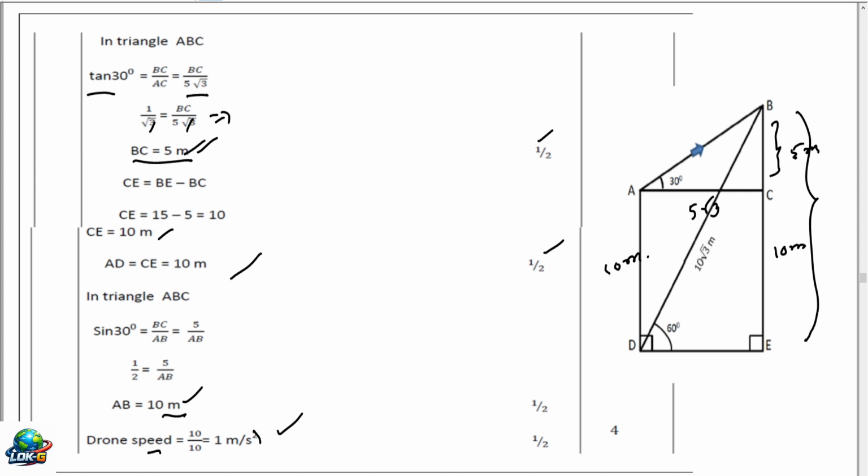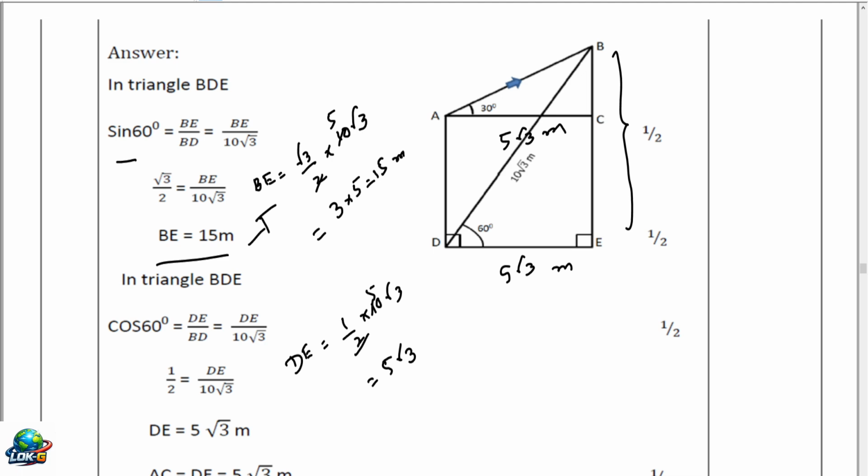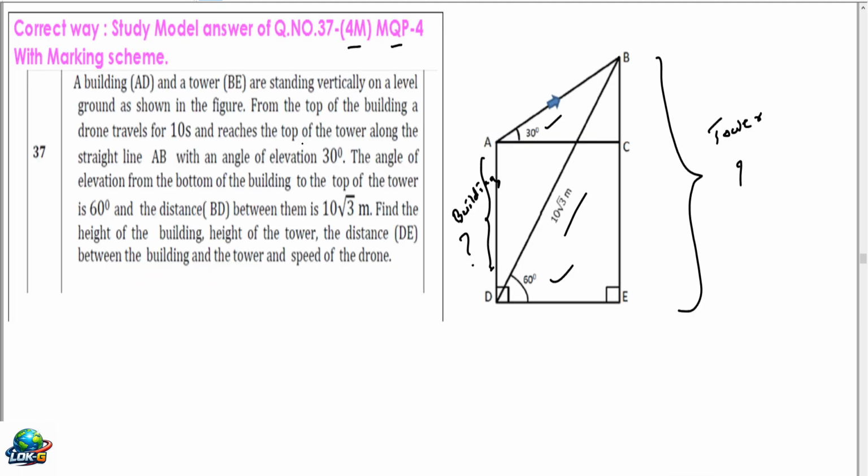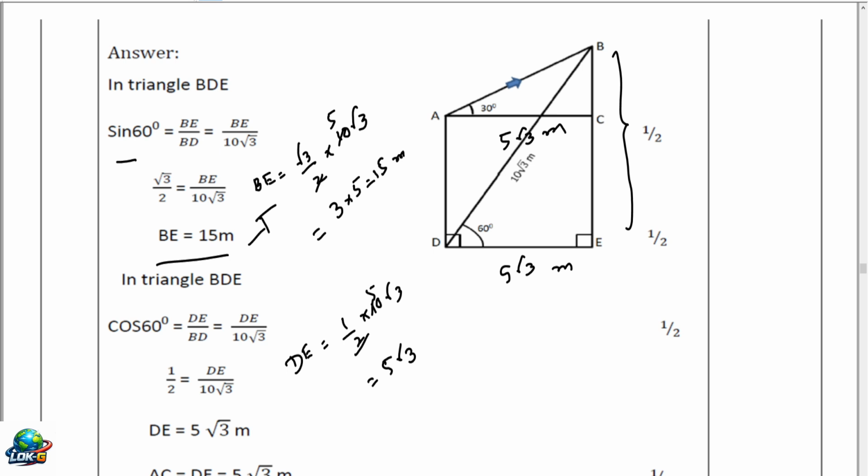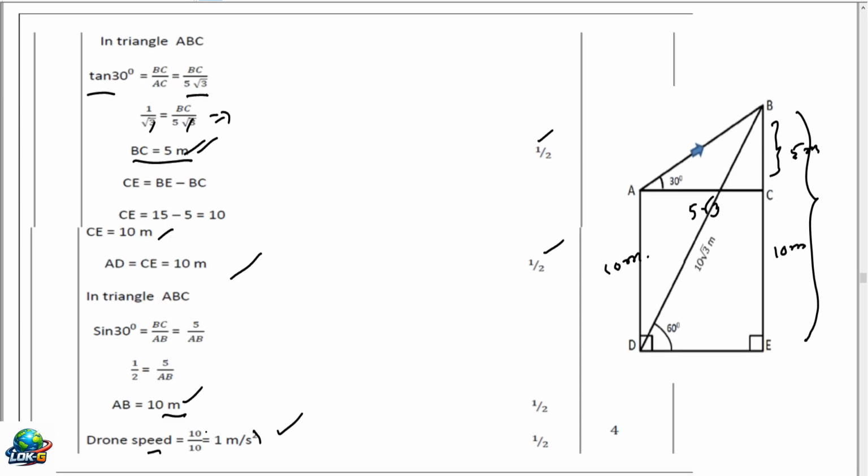After traveling how many seconds is it reaching? 10 seconds. Drone travels for 10 seconds. So you know that speed or velocity is given by distance covered upon time taken. The AB distance is 10 meter, and the drone is traveling for 10 seconds. Therefore 10 cancels. Your answer should be 1 meter per second. You will get a full 4 marks, my dear students.